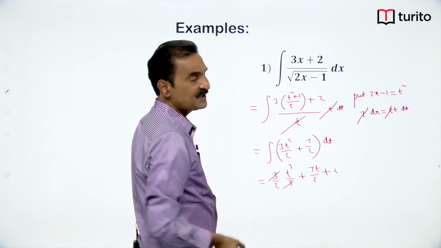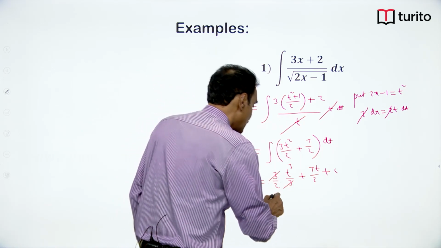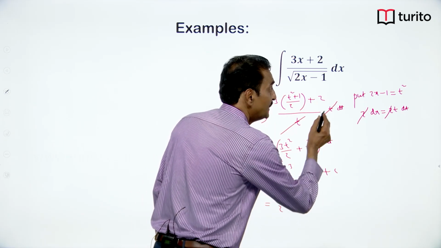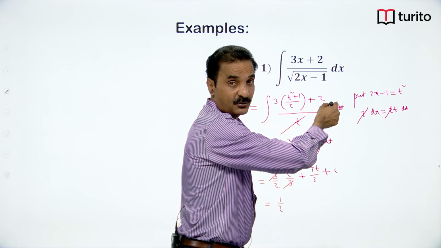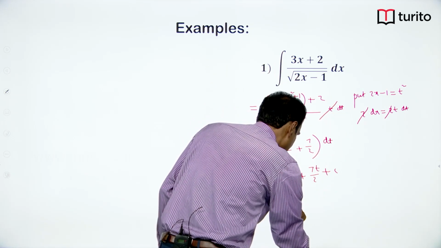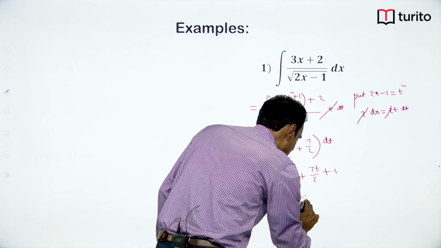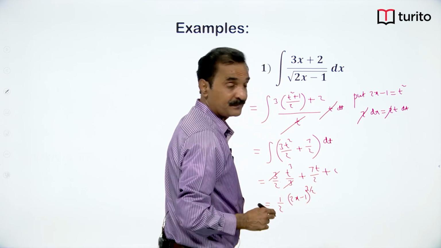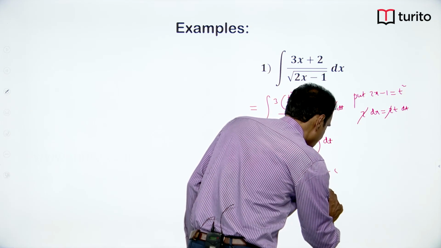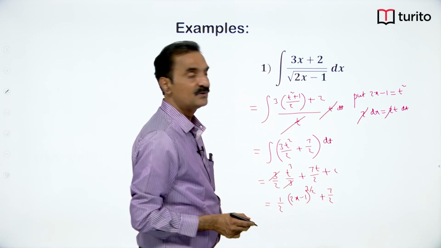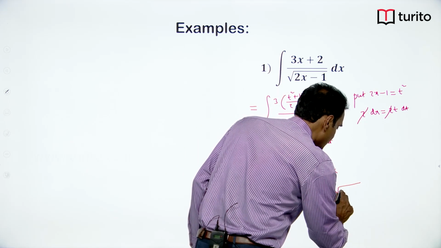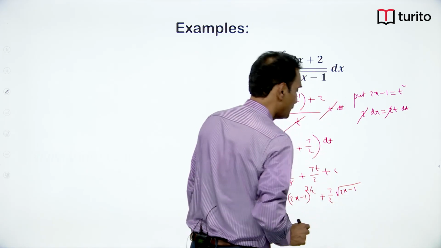Then substituting t, you will get the answer: half into (2x−1)^(3/2), plus 7/2 into t, where t is √(2x−1), plus c.